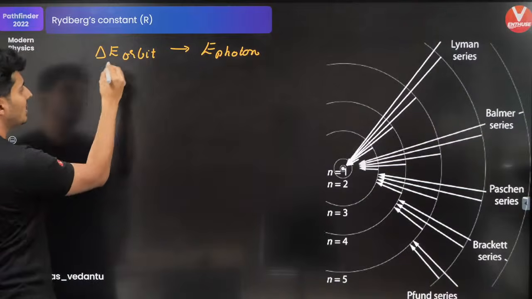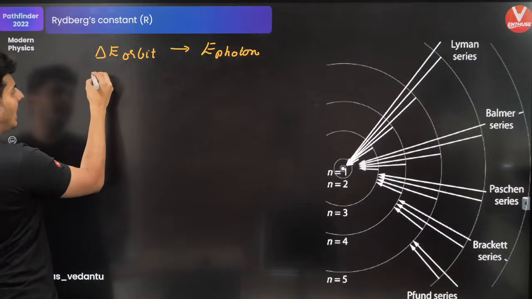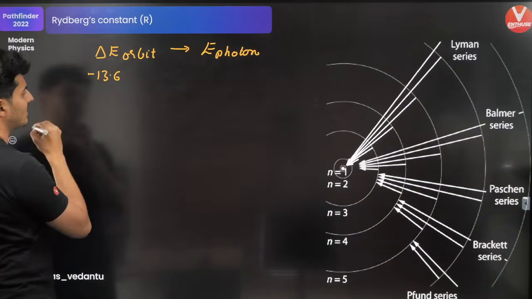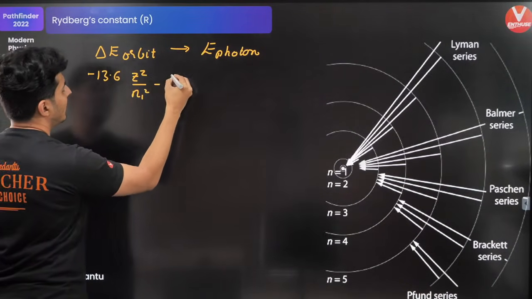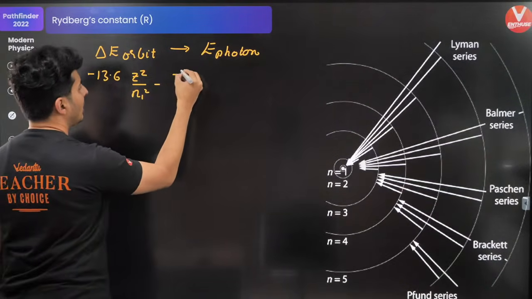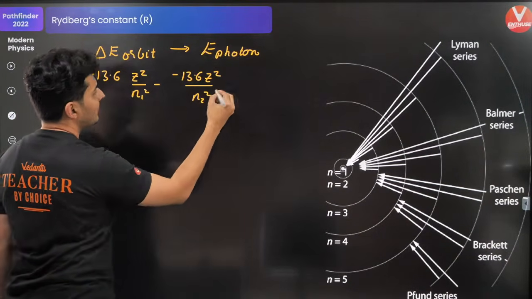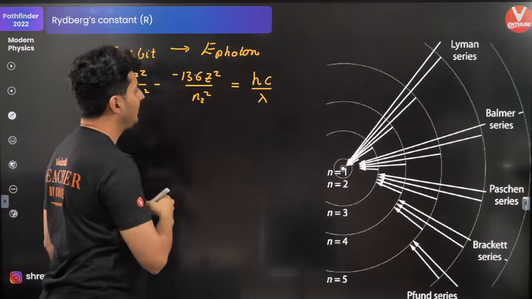When you substitute the values of the energies, higher minus lower, which is minus 13.6 Z square by n1 square minus 13.6 Z square by n2 square, it is equal to the energy of the photon, hc by lambda.